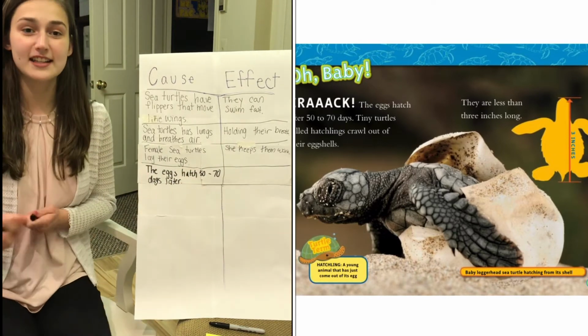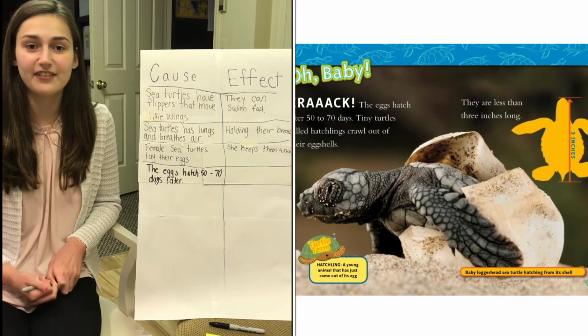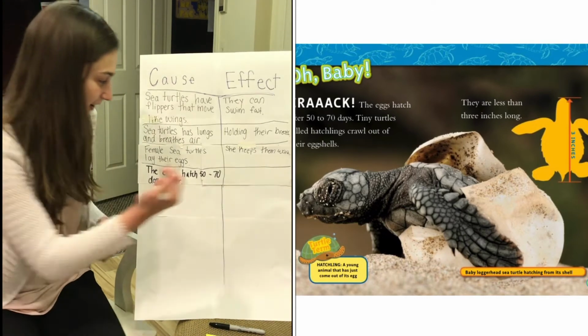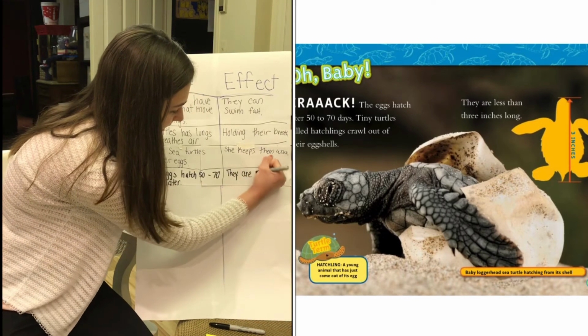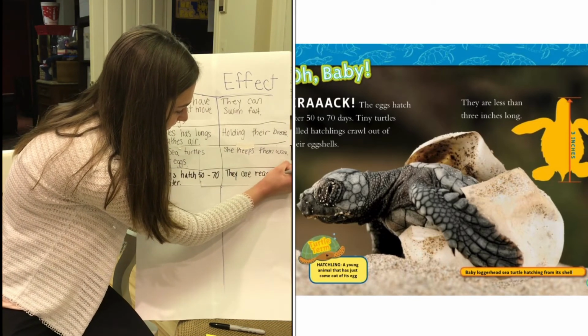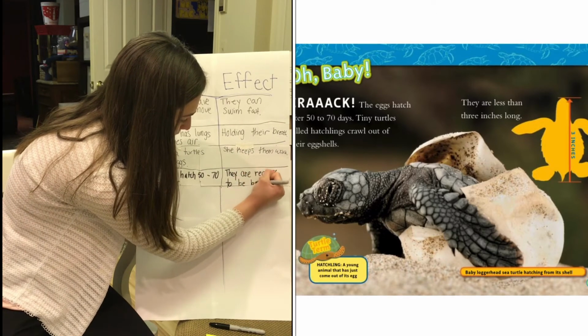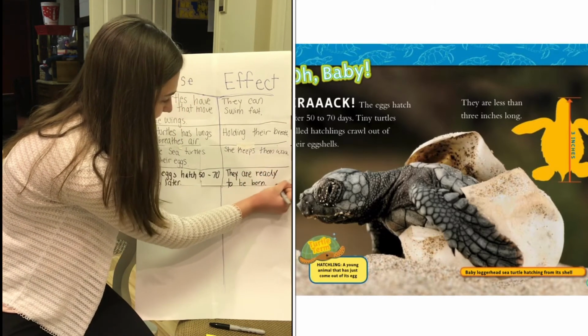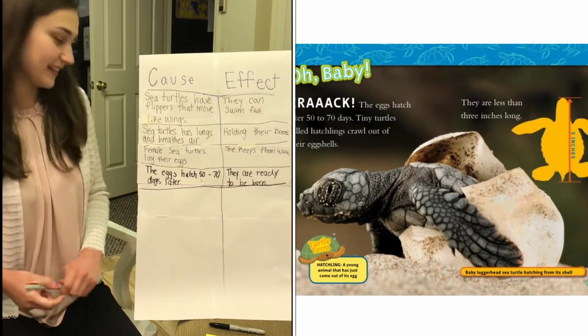So our cause is that the eggs hatch 50 to 70 days later, and the effect is that they're ready to be born. Good job. They are ready to be born. Very good. Okay, so this is the first one on your sheet that we're doing together now.